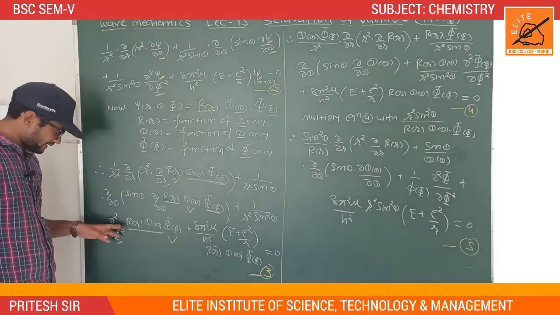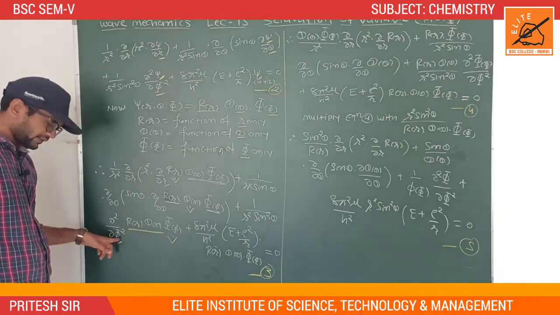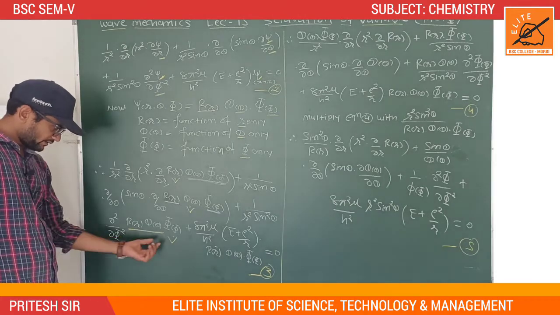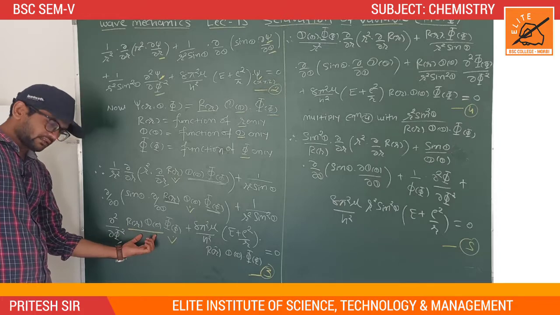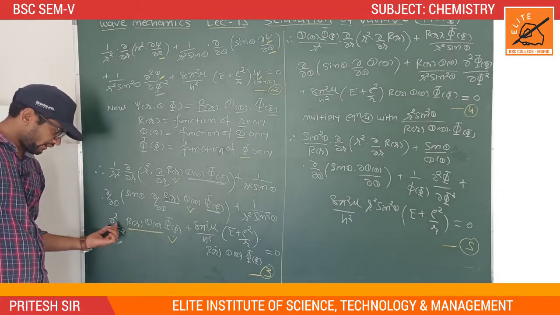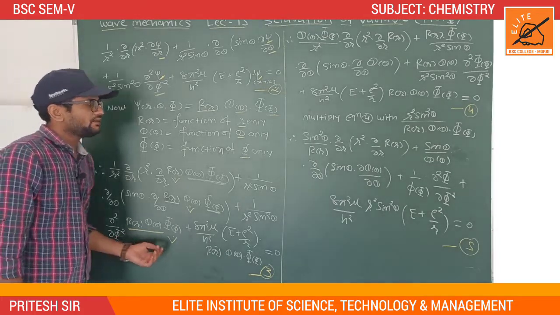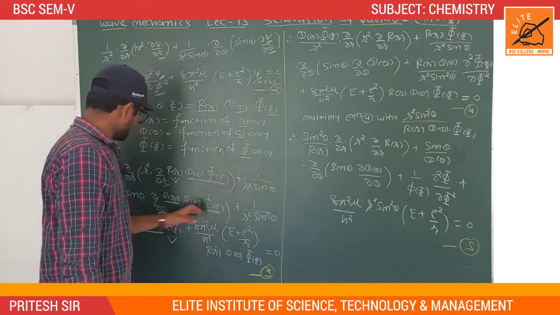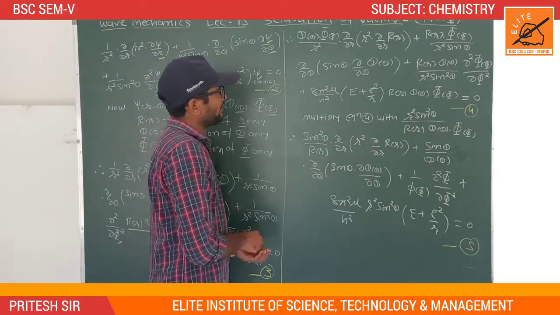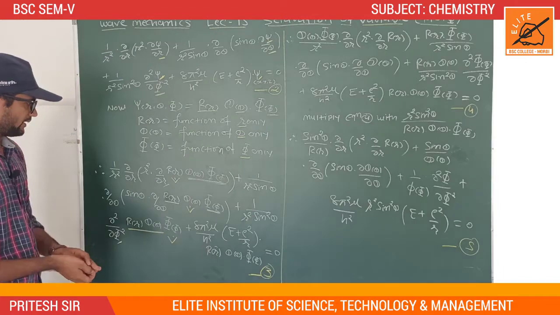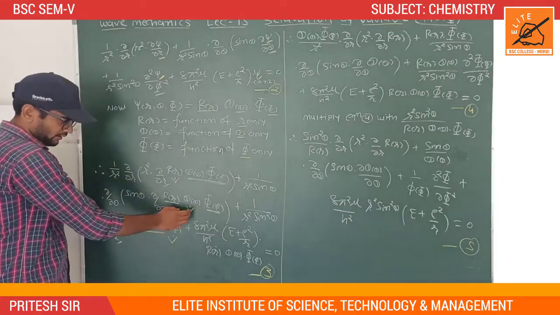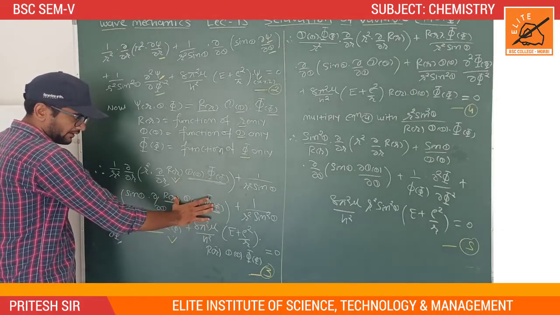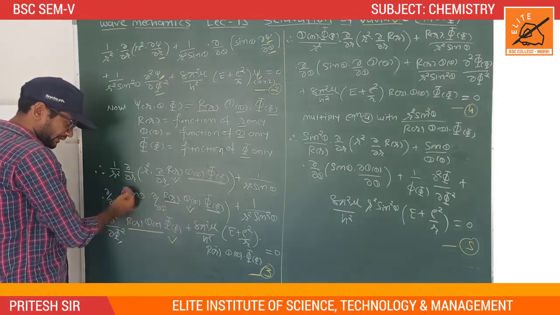In the differentiation with respect to phi, this term becomes the variable and the other becomes constant, so it goes outside the differentiation. Plus 1 upon r squared sin theta. Here R of r and Phi of phi are both constant, so they go outside the differentiation.